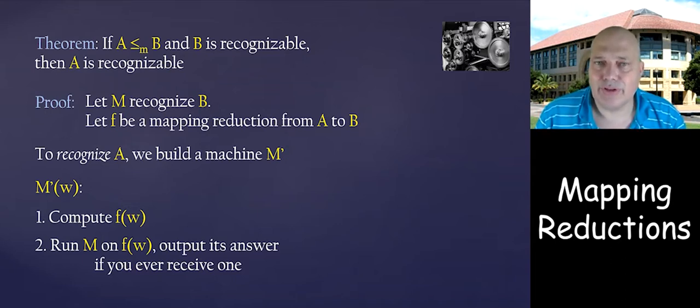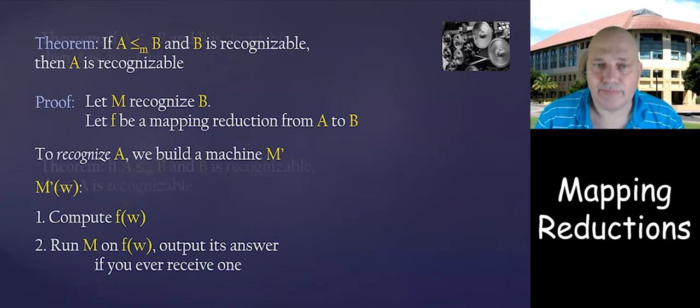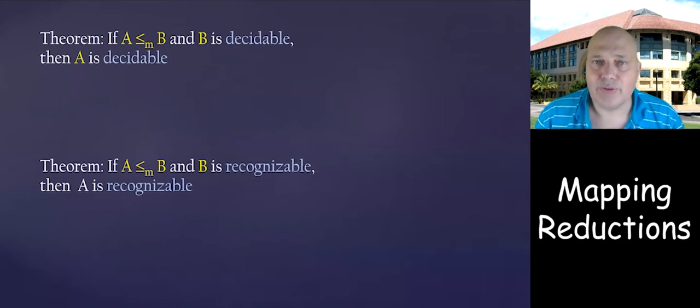The reason you don't get something that decides is because M doesn't necessarily decide. M can run forever. In that case, M prime would run forever. But whenever M is going to halt, it's going to give you the right answer. So these are the two positive ways.